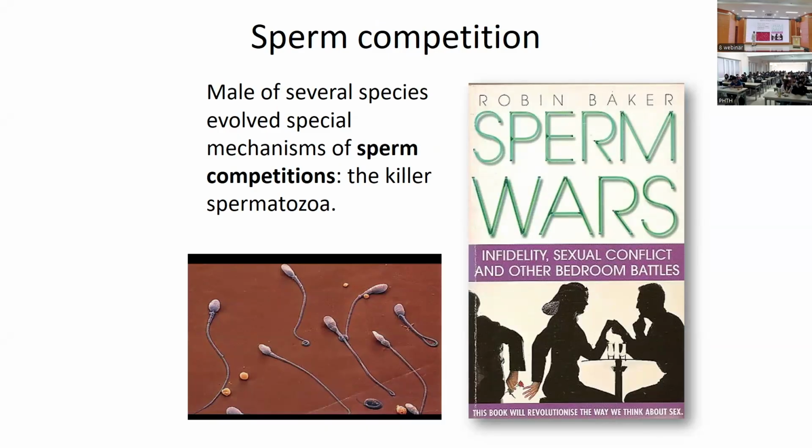This book is very interesting because it demonstrates that in several species, though it has not been clearly demonstrated in humans, there are spermatozoa with one particular aim: not to fecundate the egg, but to kill the other spermatozoa. What does it mean?